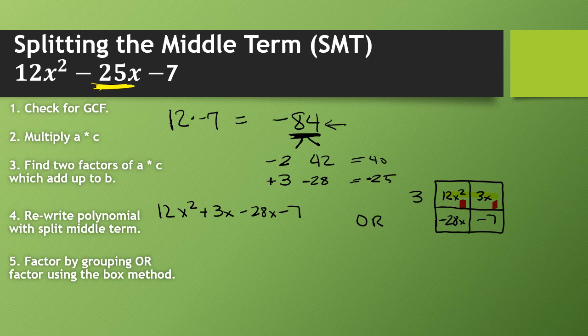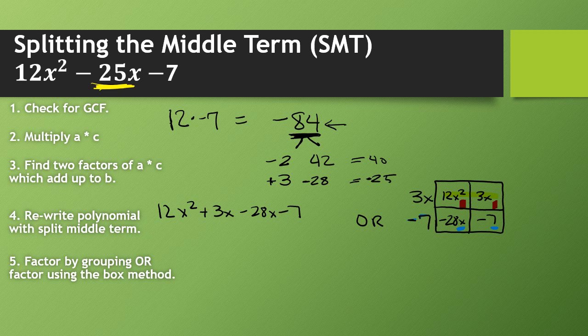There's an x squared and an x, so I can factor out an x. Now I'm going to take my second row. So I'm going to take this row right here, and I'm going to say, all right, look at my numbers. Do negative 28 and negative 7 have anything in common? I do believe they do, and so I'm going to take out a negative 7, and then an x and a constant, so there's nothing else in common.